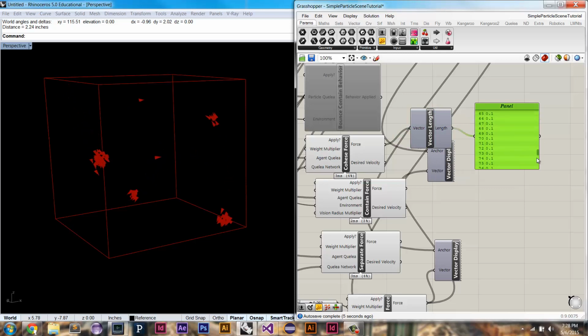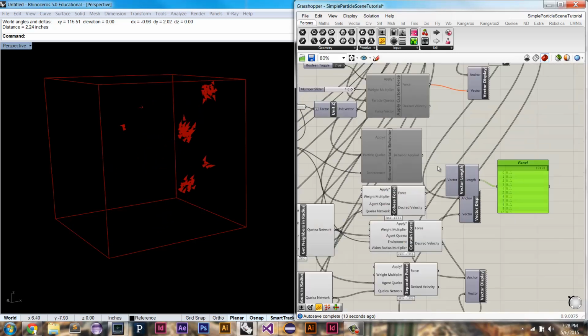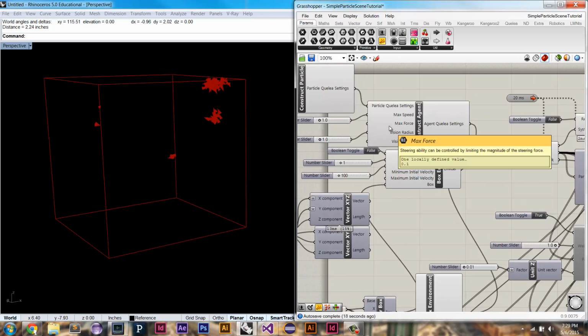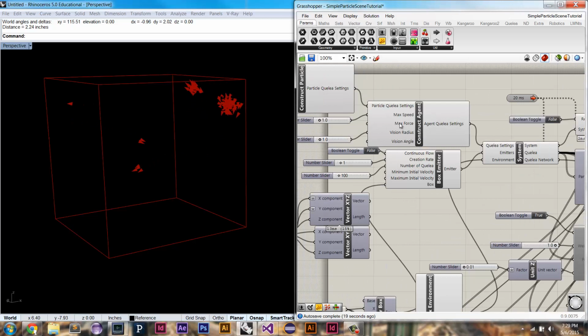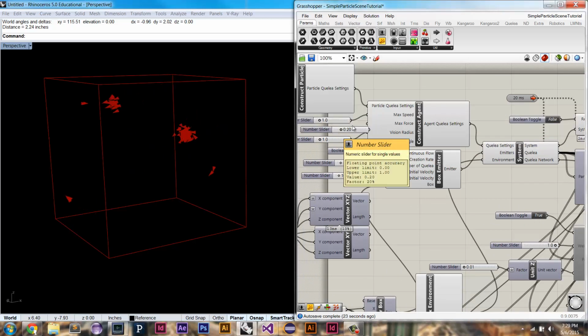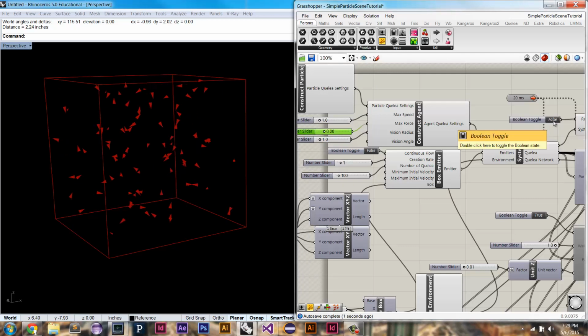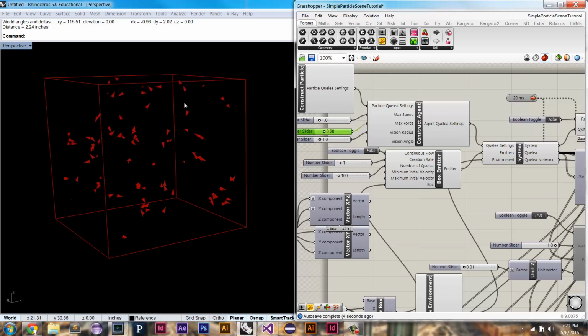For the cohesion force, they're pretty much always told to travel at maximum speed towards the center of their neighbors. So if I start by bringing it up, let's see if we get any noticeable difference.